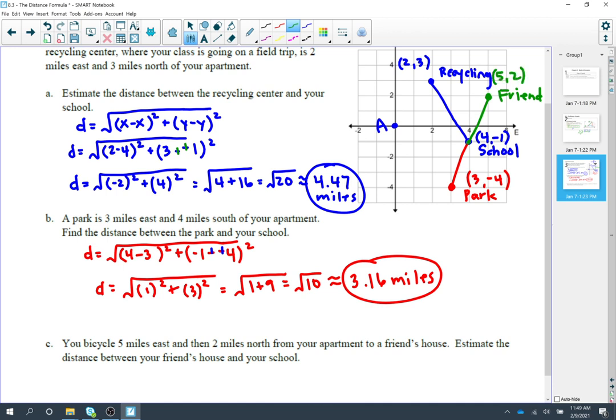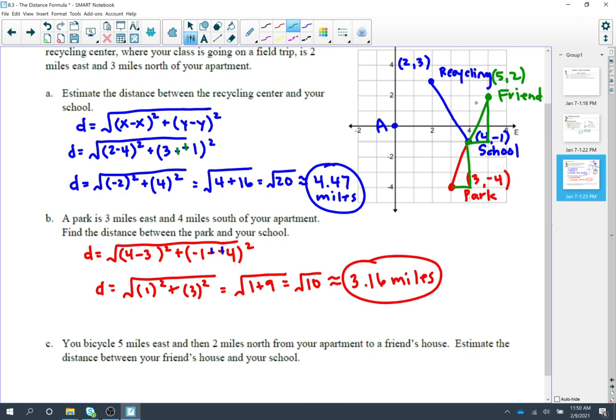But really what I'm going to do is look at some triangles and notice what's happening. Do you notice that in order to get from the park to the school, you have to go over 1 and up 3? Well, in order to get from the school to your friend's house, you also have to go over 1 and up 3. Except we're not really going over 1 and up 3, we're going this slanted distance.